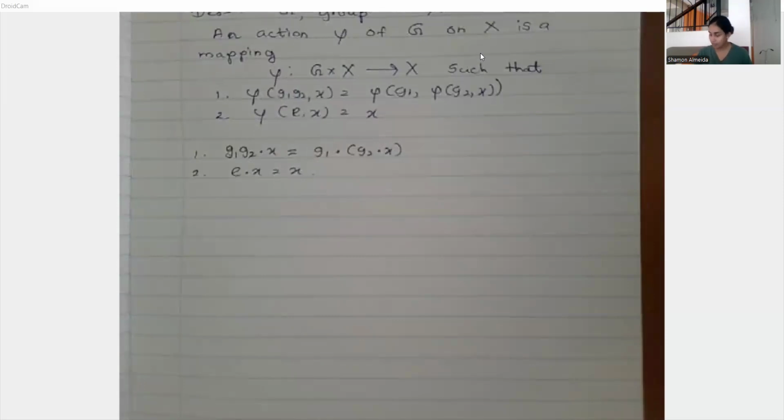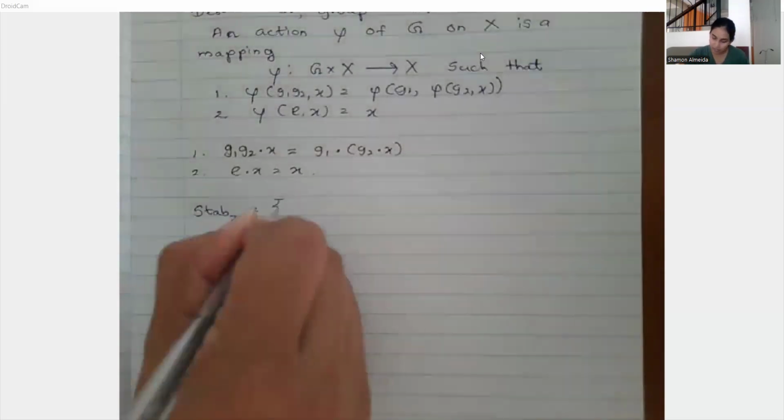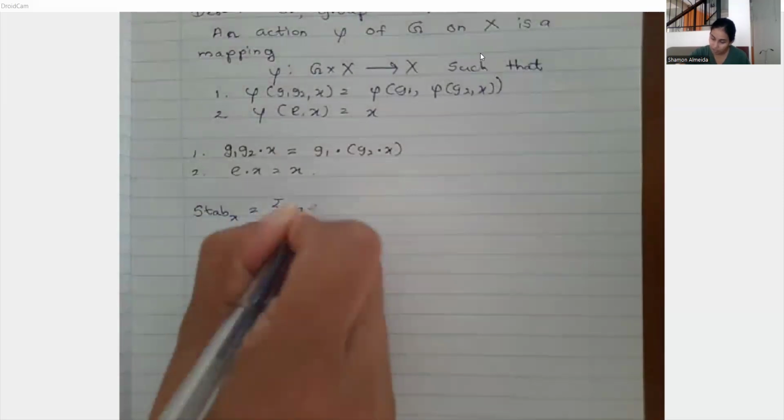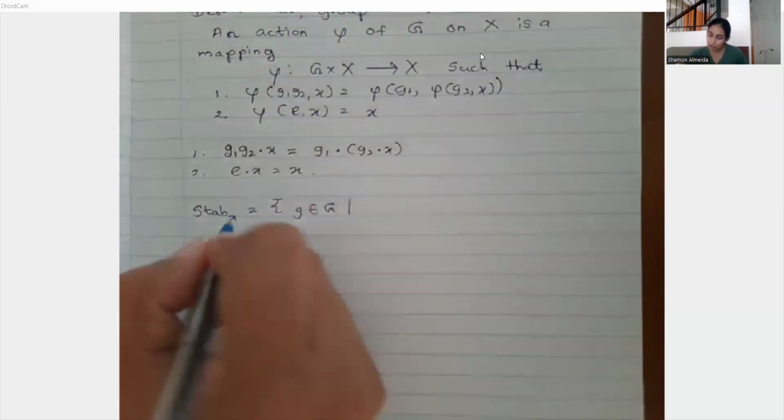Then we defined the stabilizer for any X that you take from the set, and this is every G that you take from the group that fixes this element through the given group action.